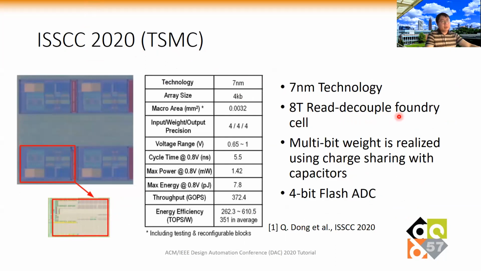And this is available in the foundry layout rule. And here in this case, 4-bit weight and 4-bit input can be realized. And they use charge sharing with the capacitors to do the analog shift and add to realize a 4-bit flash ADC.